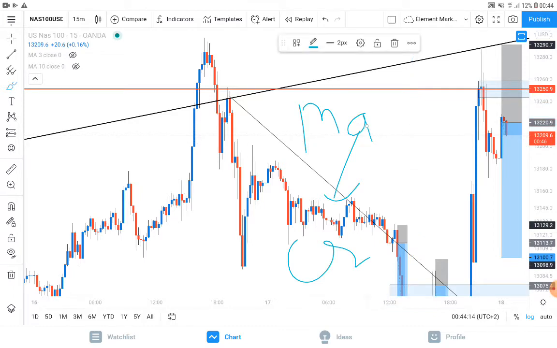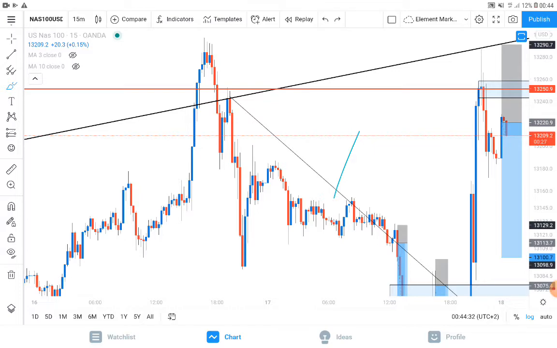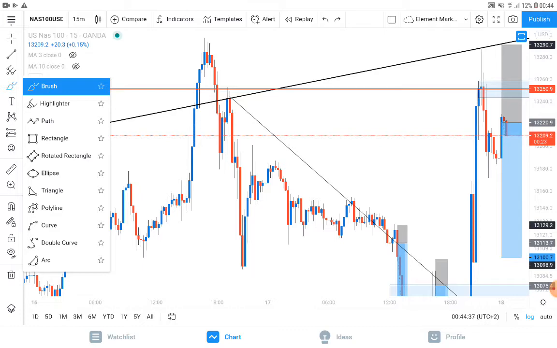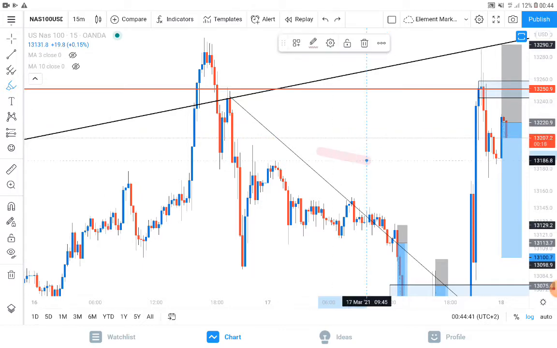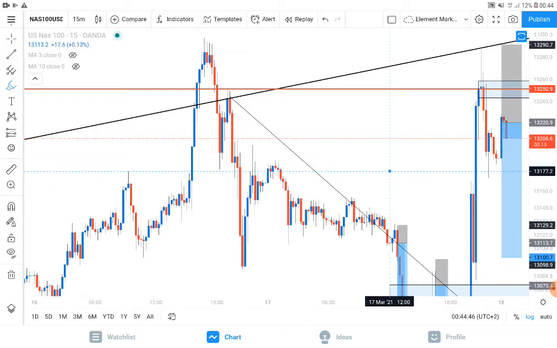Sorry guys, I'm just messing around here because I really don't know TradingView too well. I'm still learning it. What tool can I use? The highlighter. Let's see how this works.